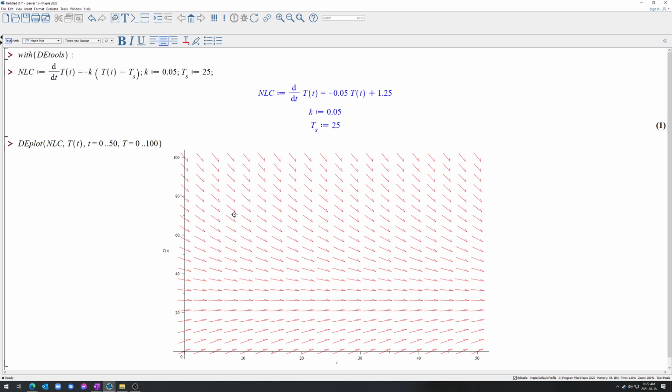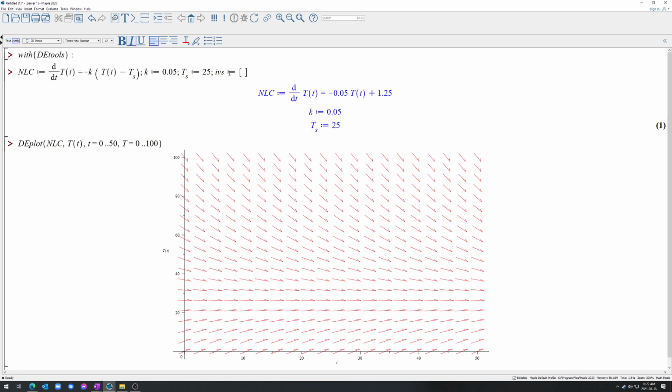Putting all of that into our DE-plot command for time from 0 to 50 and temperature from 0 to 100, you can see that we have temperatures cooling down and temperatures heating up. It depends on which side of that 25 we are. So let's try a few different initial values.